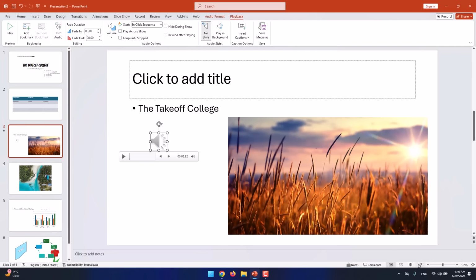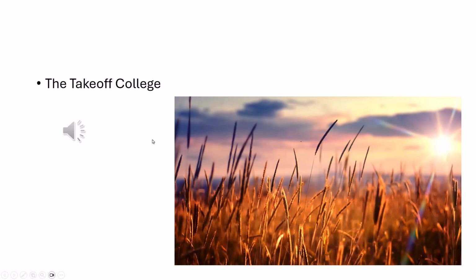So if I change the presentation mode, now as you see, wherever inside my slide that I click, the audio will be started and will be played. I can navigate through it.